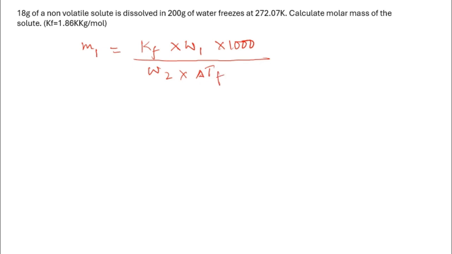Depression in freezing point is equal to 273 minus 272.07, which is 0.93 Kelvin.